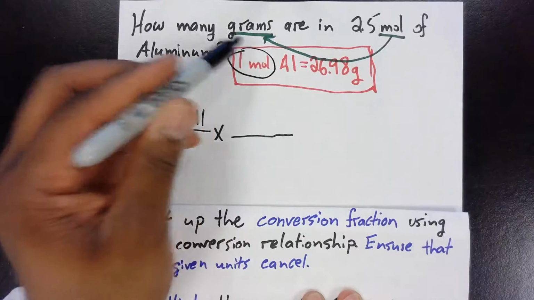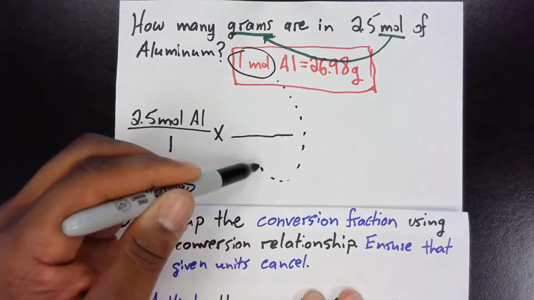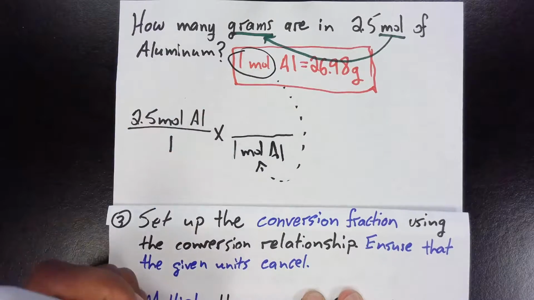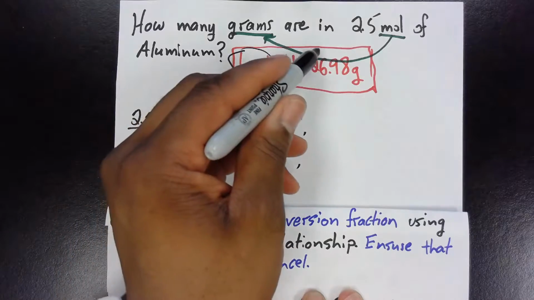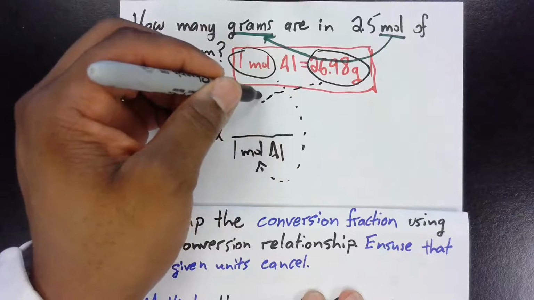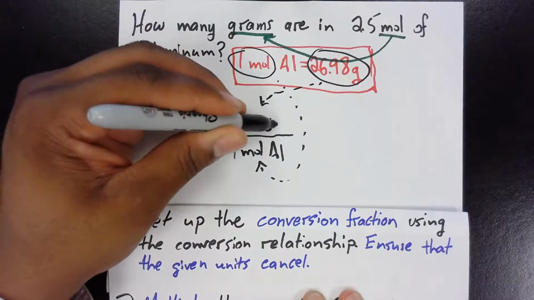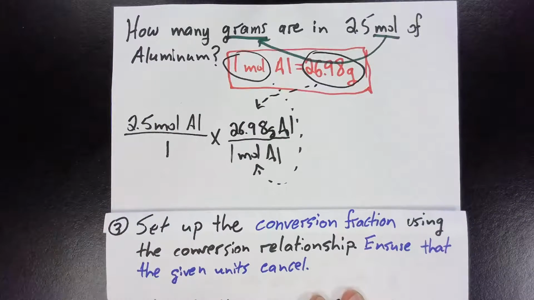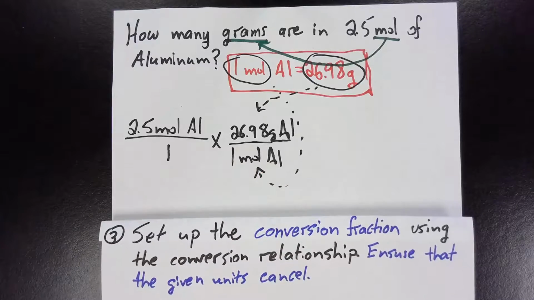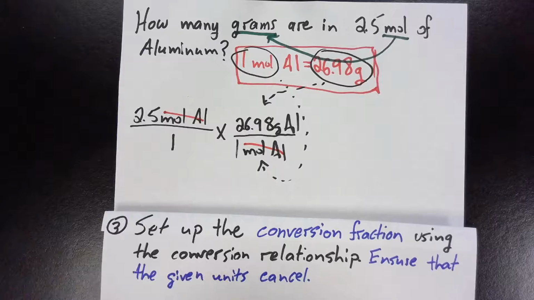So I'm going to put 1 mole of aluminum on the bottom, and on top I'm going to put 26.98 grams. When I do that, I have moles of aluminum on top and moles of aluminum on the bottom, so they will cancel each other out.